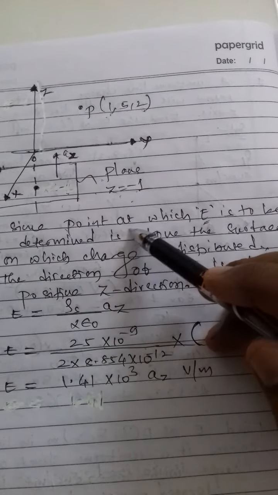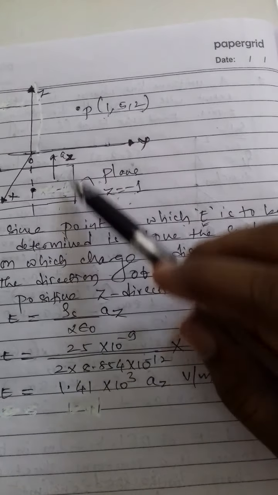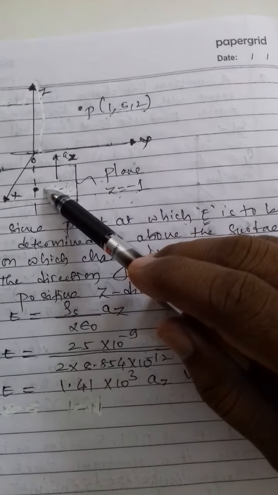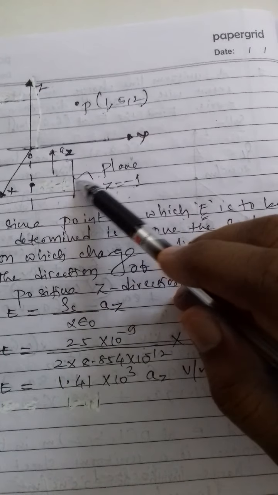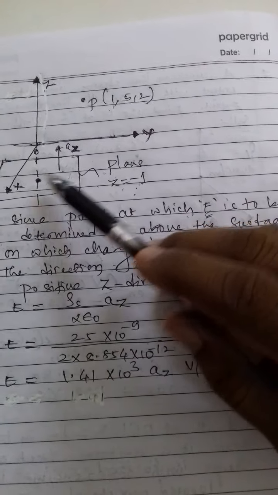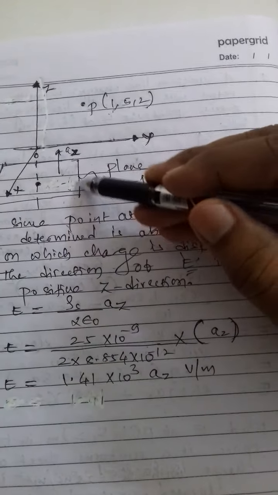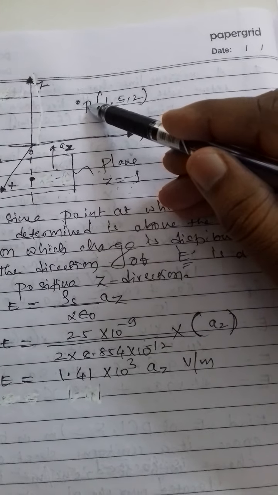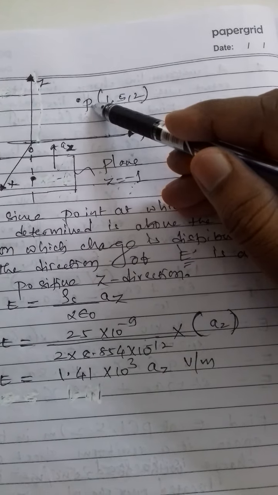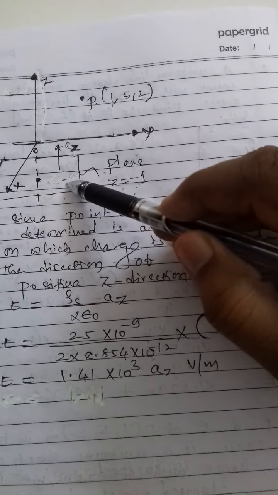The point at which the electric field is to be determined is P, this is the plane placed at z = -1, and charges are distributed on its surface. You have to determine the electric field at point P due to the charges distributed on the surface of this plane.